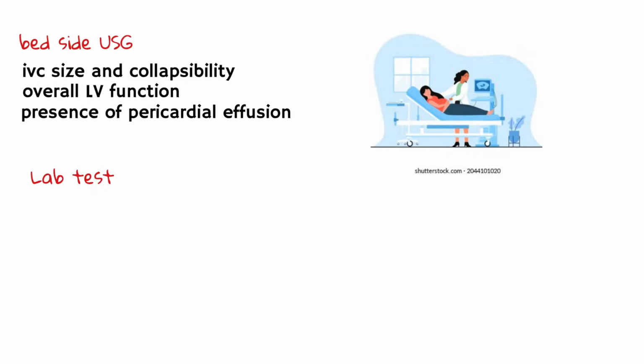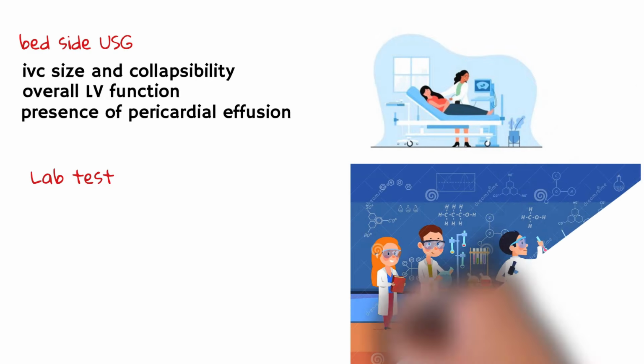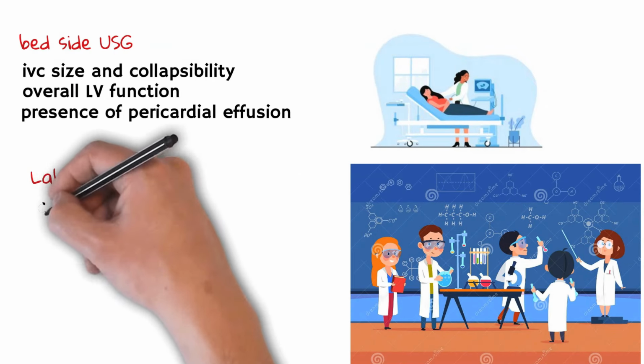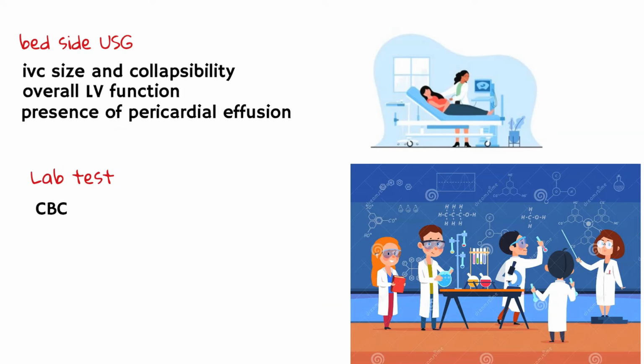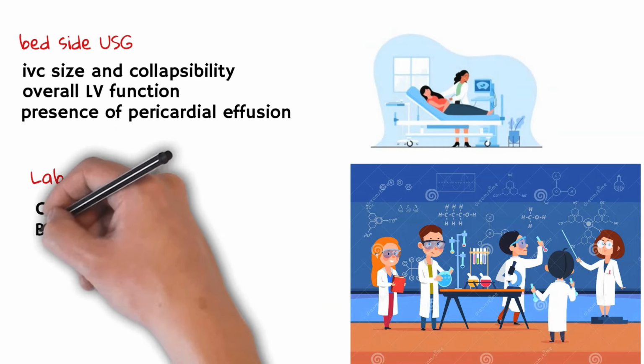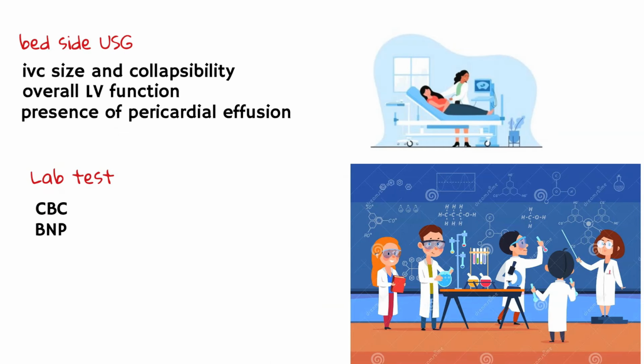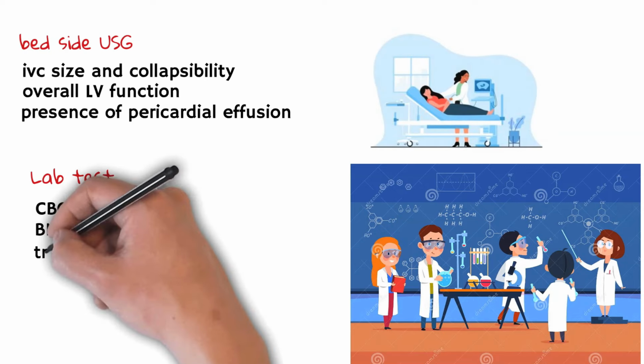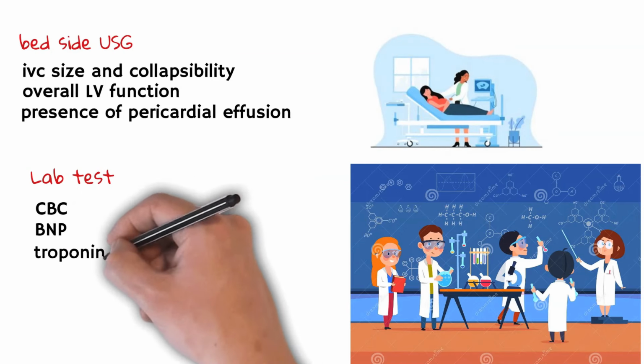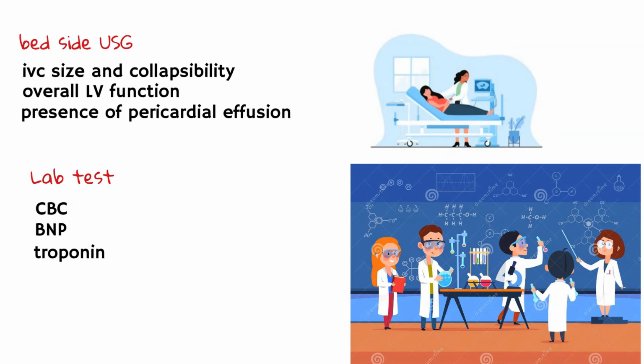Certain lab tests should also be done, which are supportive in diagnosis of these shock-like conditions. CBC to rule out sepsis, presence of high BNP, which is a marker of heart failure. Serial troponin levels should be done, which are on the higher side after acute MI.